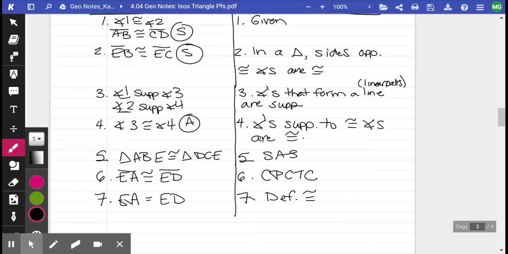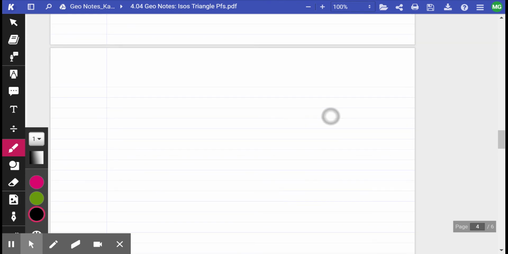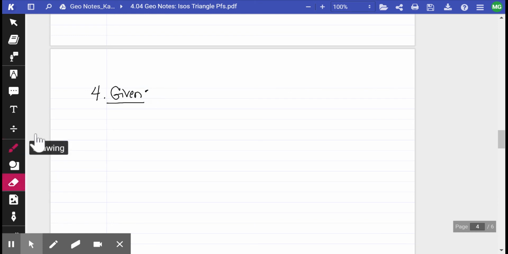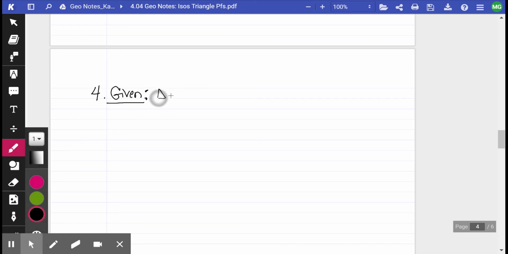All right, and let's look at one more challenging proof on number 4 here. Given that we are given triangle ABC, we're given segment AB is congruent to segment BC.